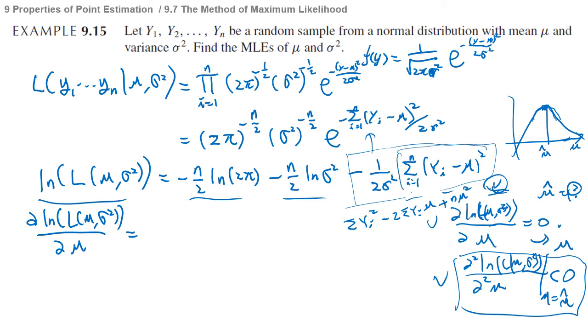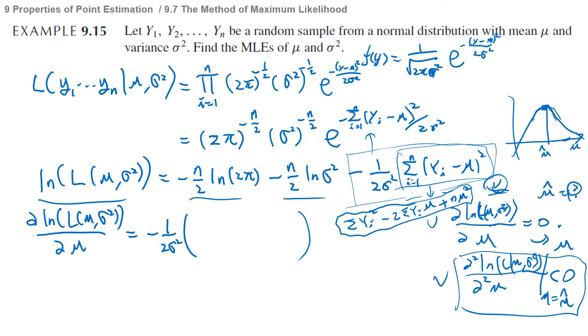So this part can be written as this, and also since we have minus 1 over 2 sigma square, we get the derivative with respect to mu.